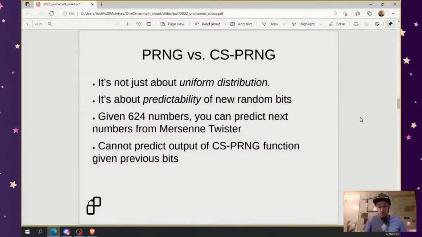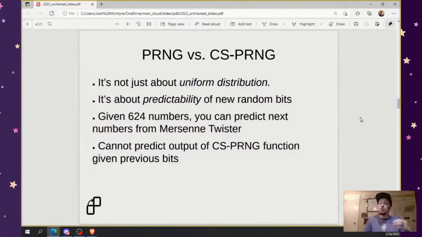given a certain amount of random numbers generated, you can actually very reliably predict the next random numbers that will come out of that. So even if you seed your random function with, say, the millisecond time on your computer, given 624 numbers, which is actually the exact number for the twister, you can predict reliably the next numbers to come out of that function.